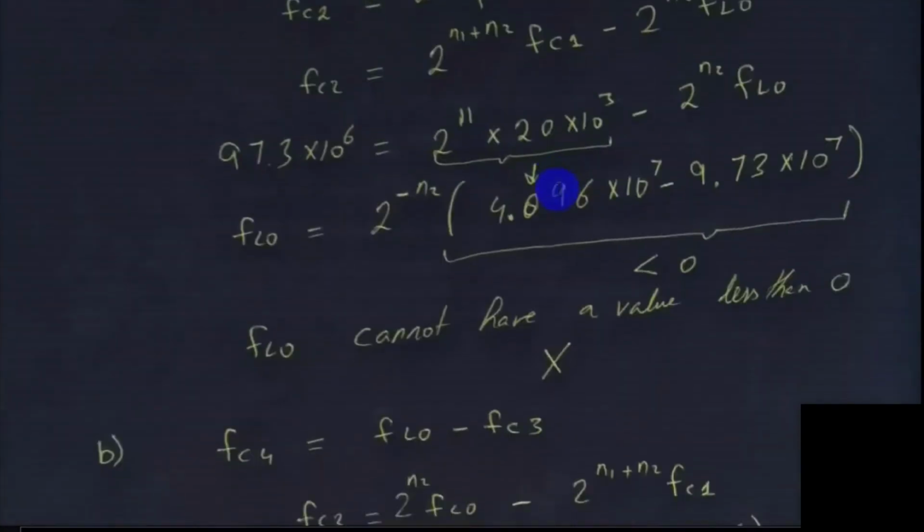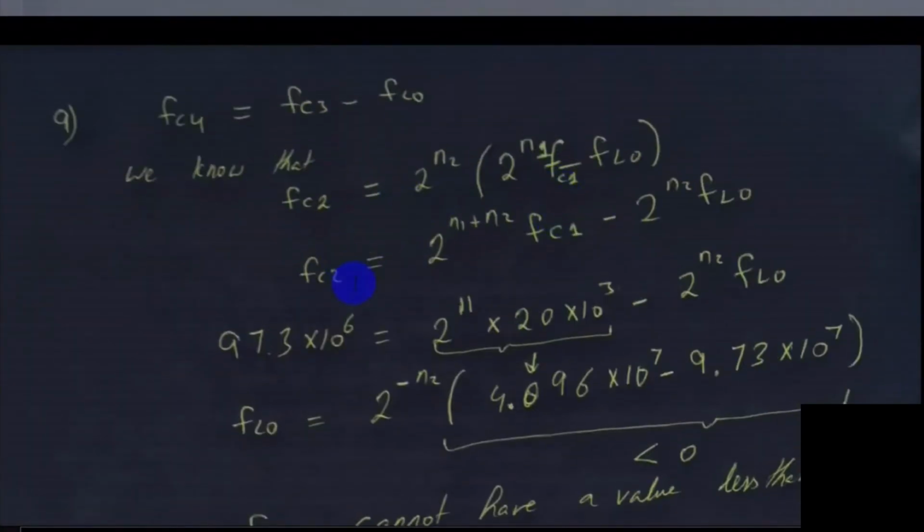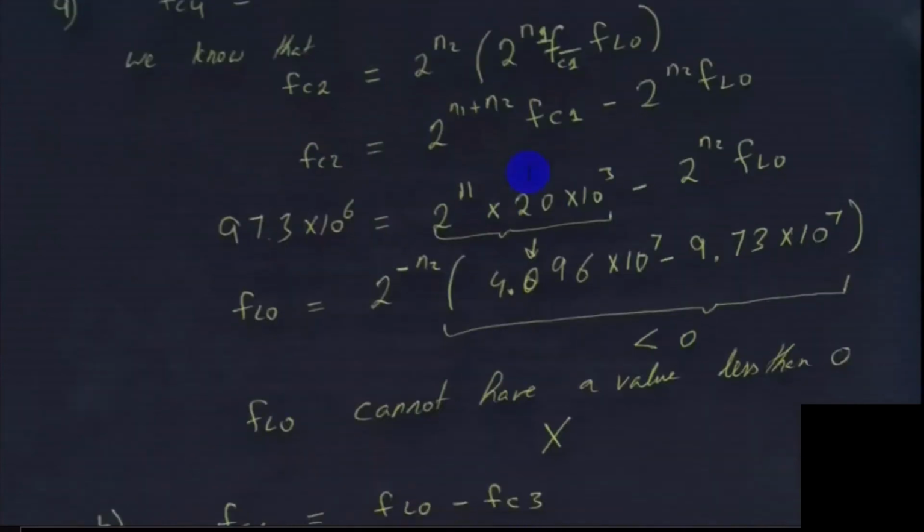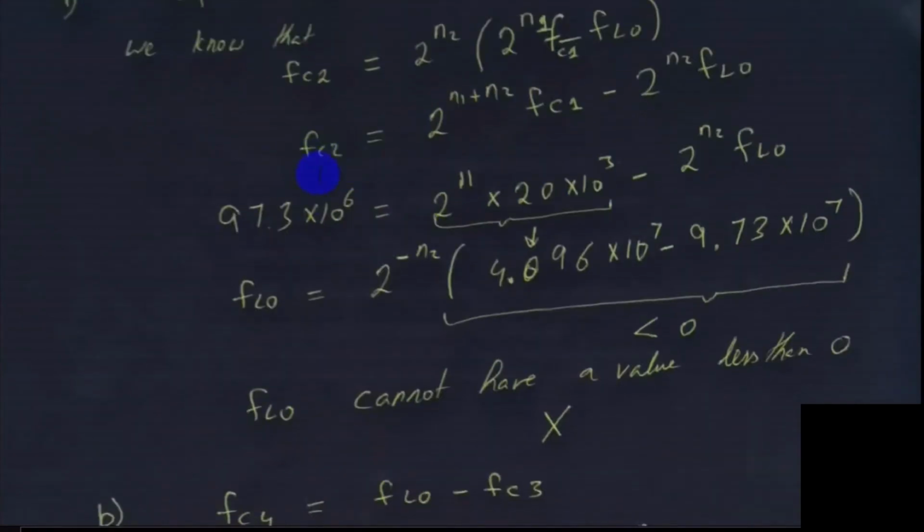From this, we already know the carrier frequency at the output of narrowband FM. This is stated in the question itself. If you open this expression, you would have 2 power n2 and 2 power n1, and you can combine n1 and n2, which I have done over here, n1 plus n2. If you simplify, we know this is 97.3 megahertz.